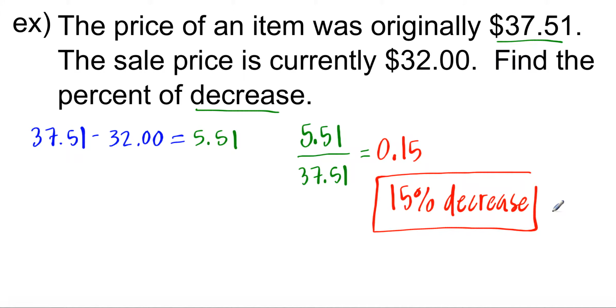And basically what we just found was 15% of the original price. And so that word of, we're going to see in a minute, means to multiply. Okay, so let me say that again. What we just figured out was that we put the item on sale and it's 15% of the original price, so we took off $5.51. $5.51 is 15% of $37.51.